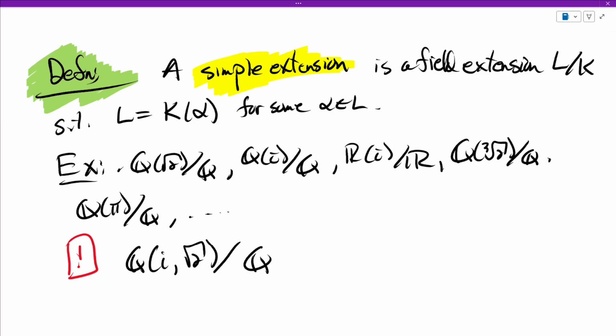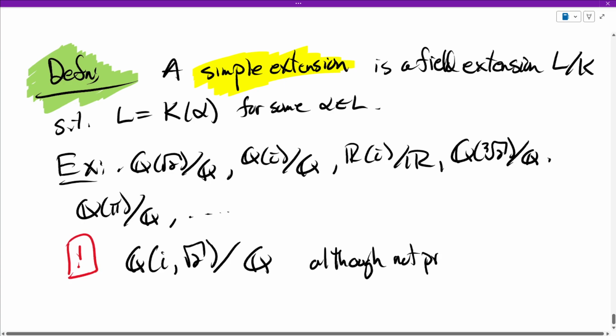So this can't possibly be simple because we add in 2 things. However, this definition is not saying that how it's presented must be simple. It's saying that you can find an alpha such that when you just add in that one alpha, you get the whole extension. So although the presentation is not simple, it might still be simple.